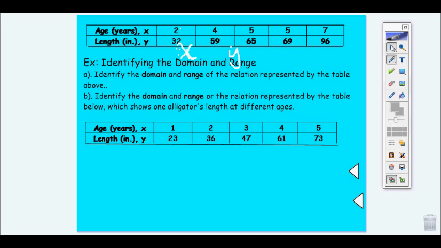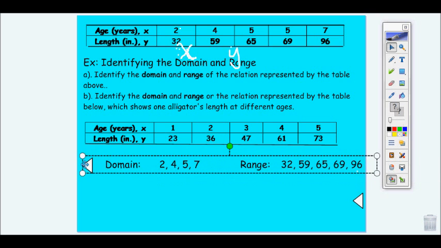Now I do not have to repeat the 5 for my domain because I can just list it one time. But notice that the domain is listed in numerical order. Then I'm going to list my range, which is the Y, and I have 32, 59, 65, 69, and 96. So you'll notice I only have 4 domain values, but I have 5 range values in that top table.